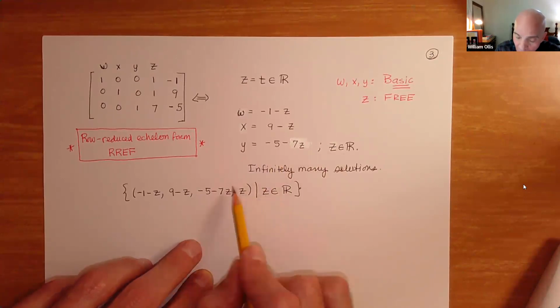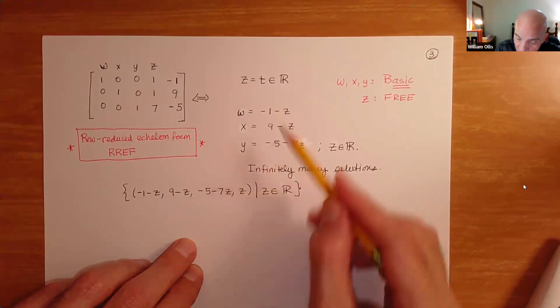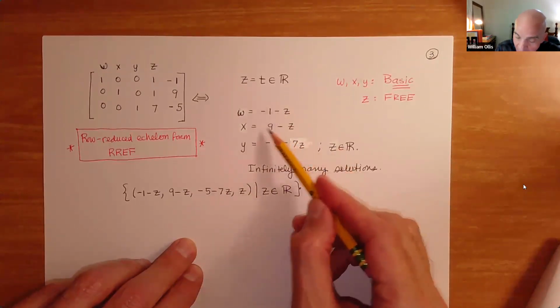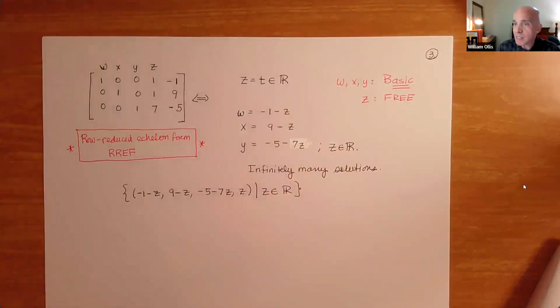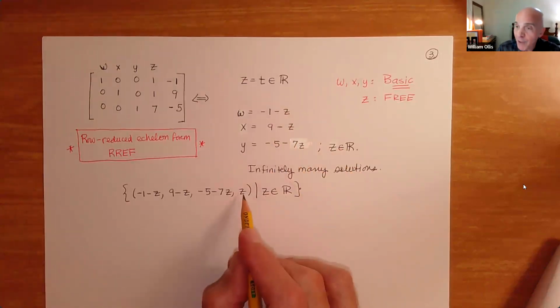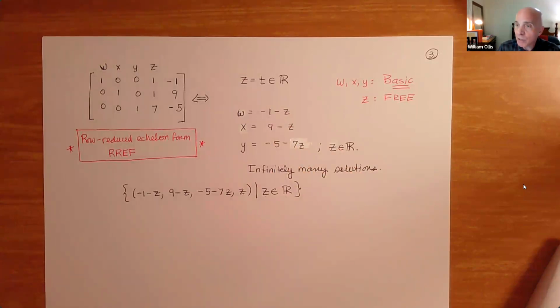Okay, so now, of course, if you take Z equal to 0, then W is negative 1, X is 9, and Y is negative 5, just like we did in the previous example. So for varying values of Z, you'll get differing values for W, X, and Y. So again, infinitely many solutions.